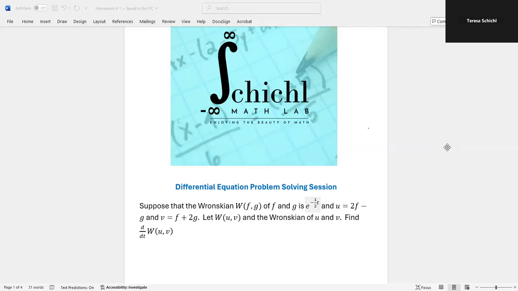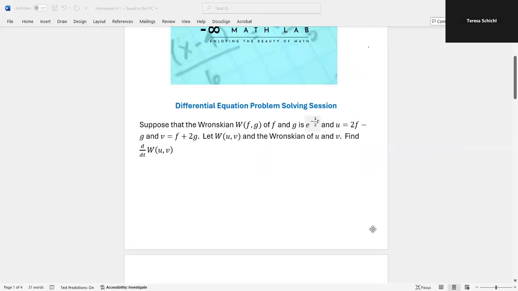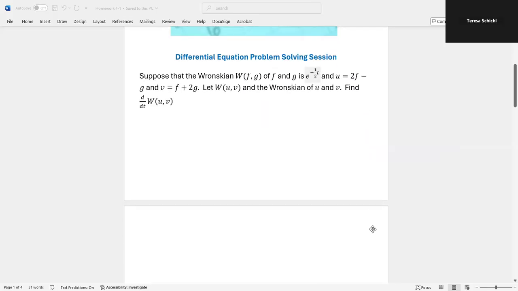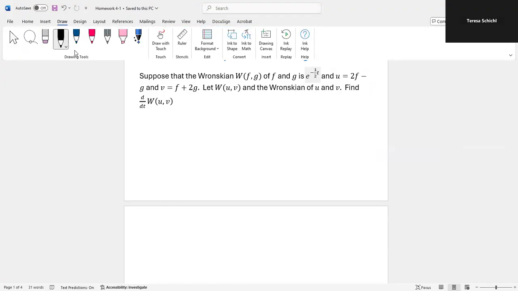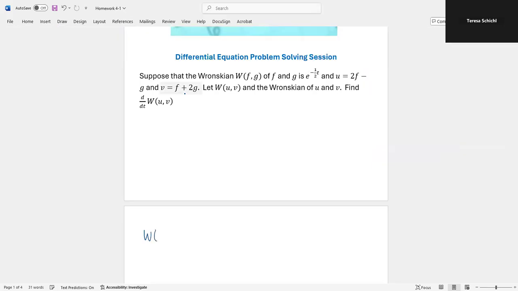Now we want to find the Wronskian of u and v, and also take the derivative of that. Before we do that, of course, we can do it the hard way. What I mean by the hard way is we can just plug in and find the determinant of u and v.